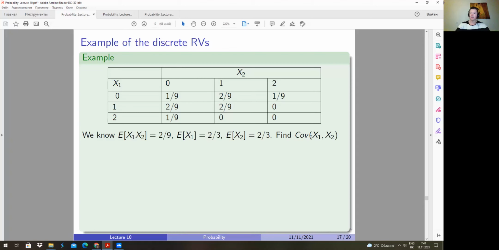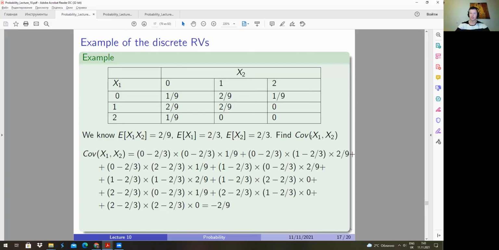So the first, direct way to calculate covariance is this. Look, it looks terrible because there are too many calculations, and now you cannot just cheat and say there are zeros somewhere. You really need to calculate all these things.